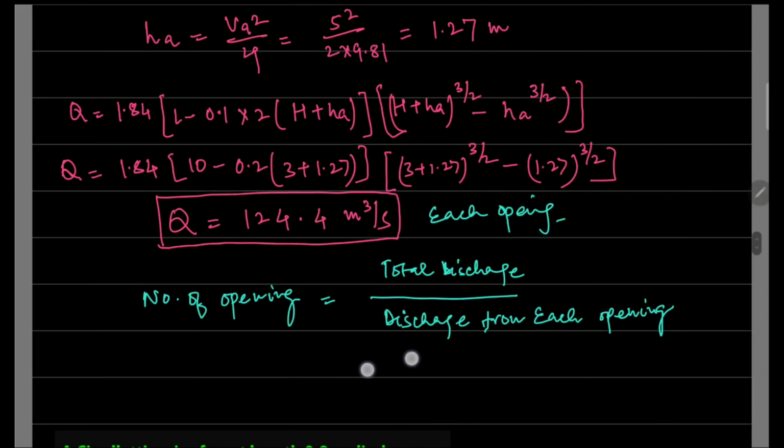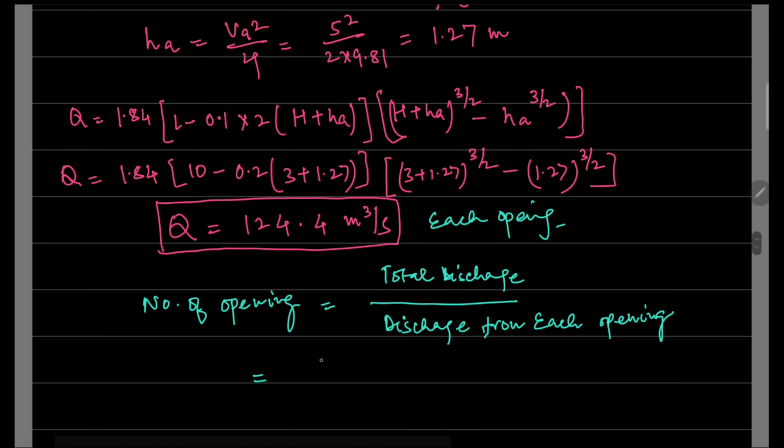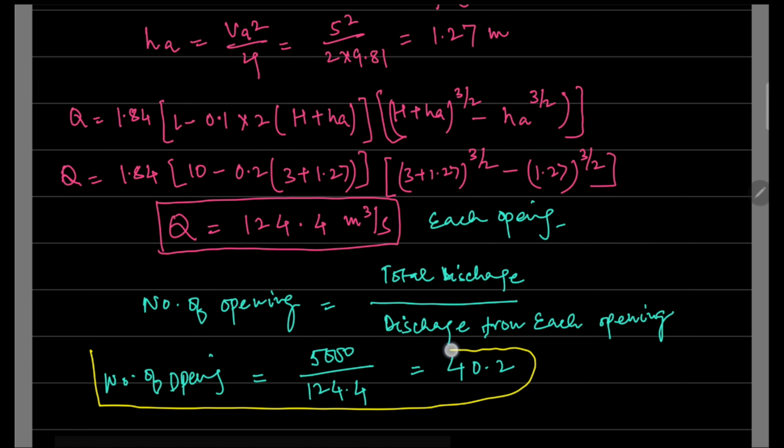The total discharge is 5000 divided by 124.4, and the answer comes out to be 40.2. So we can say that this is nearly 40 openings. So the number of openings is 40. This is our answer.